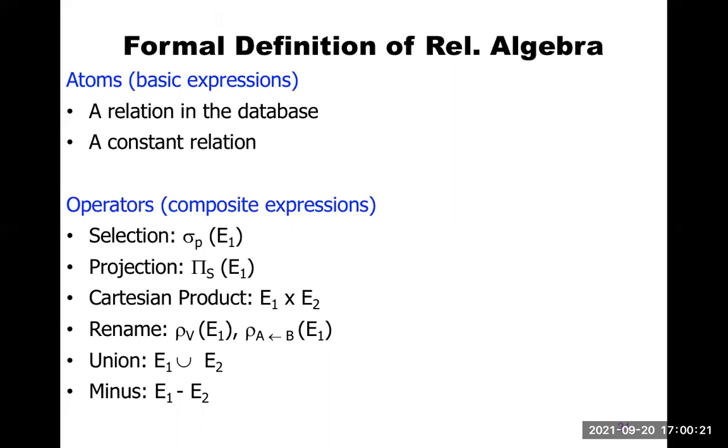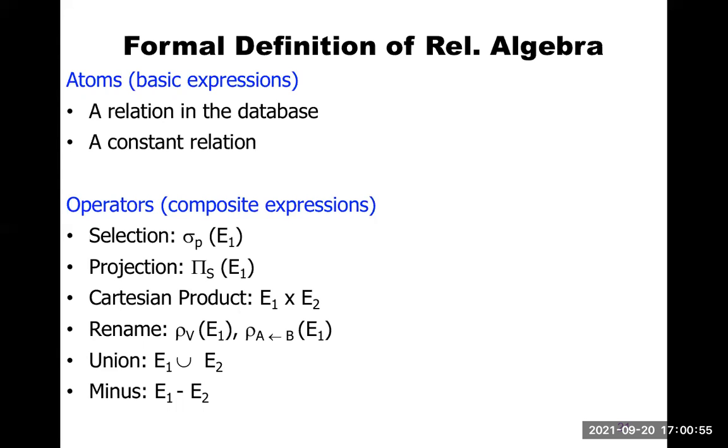So let's look. What's relational algebra? Relational algebra is an algebra, and an algebra is a set of operations over some objects. We have basic expressions called atoms, and the most basic expression is just the name of a table, a relation.